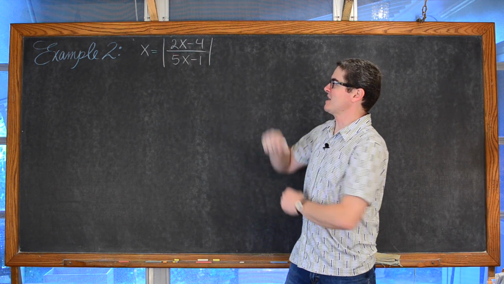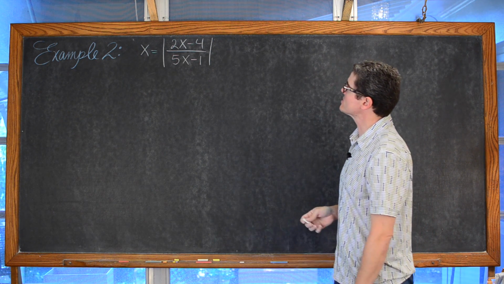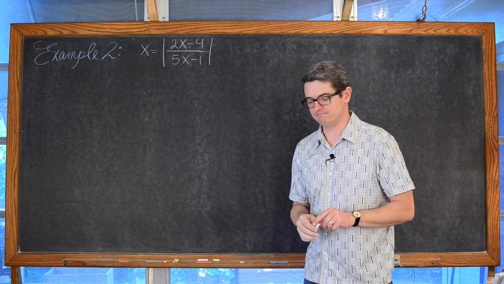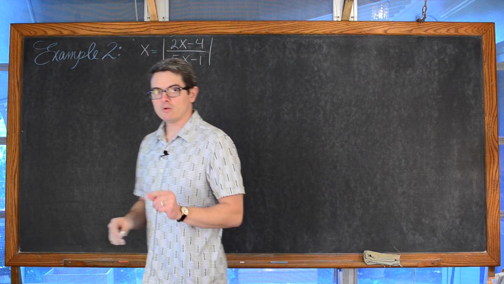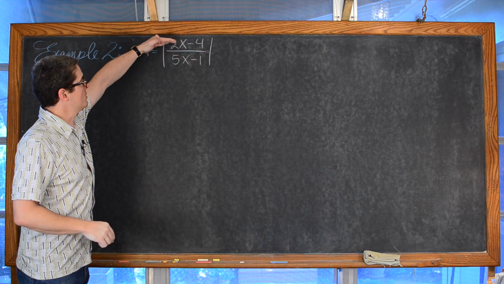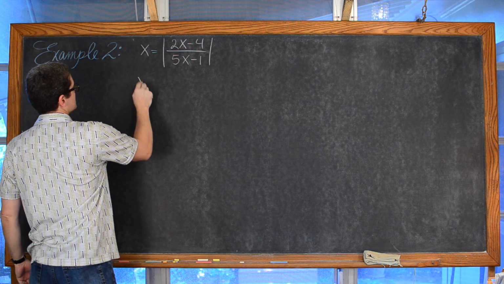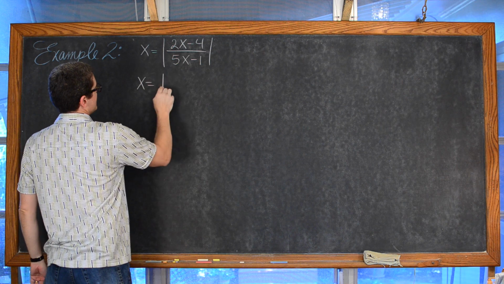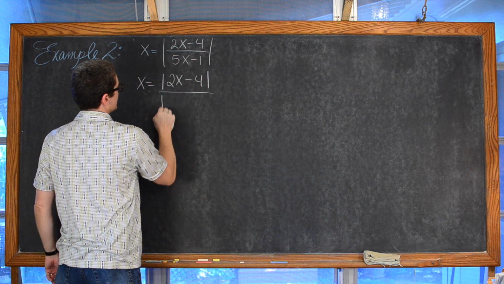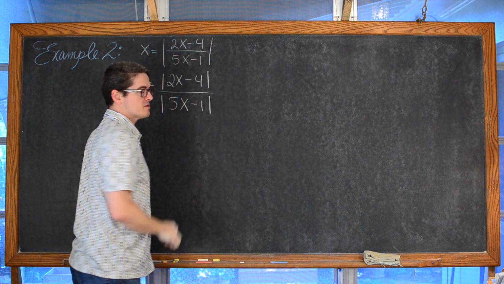Example 2. x is equal to the absolute value of 2x minus 4 over 5x minus 1. Well, for this one, we can rewrite this so we can give the numerator and denominator their own separate absolute value functions. So we have x is equal to the absolute value of 2x minus 4 over the absolute value of 5x minus 1.